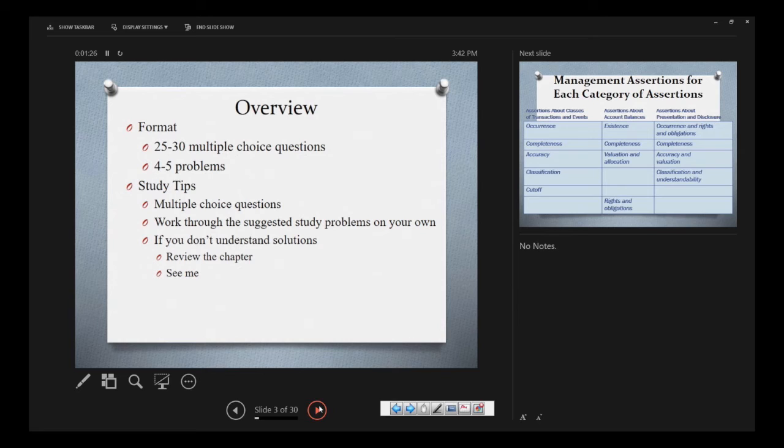We talked about study tips already. I know some of you have already contacted me, you've been studying. At this point, you guys are in the midst of finals coming up. It's not worth it to reread the chapters. I think the best use of your time is just to try to work through problems. That would be my suggestion to you.